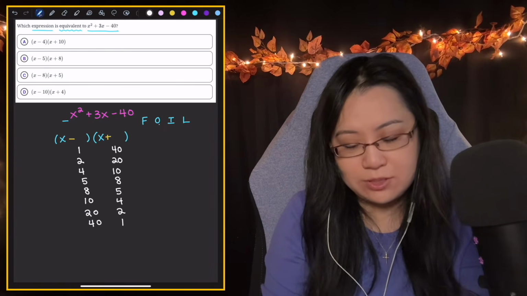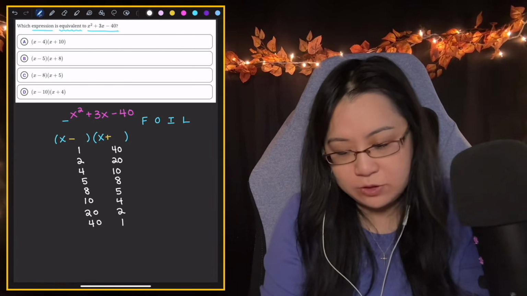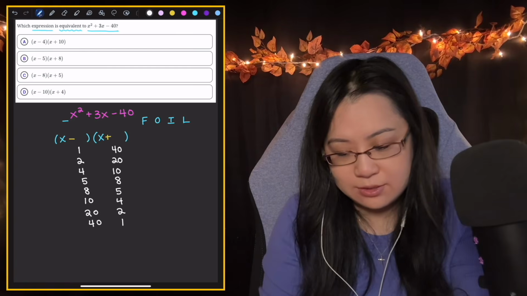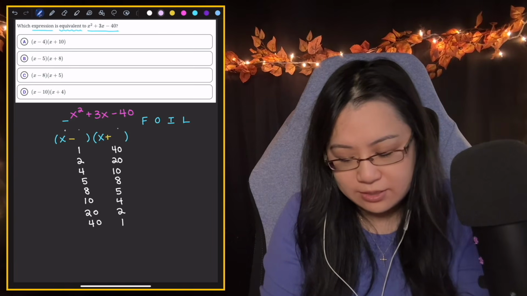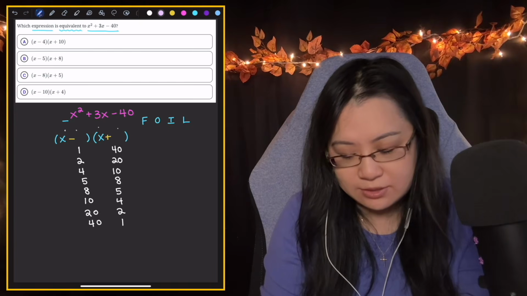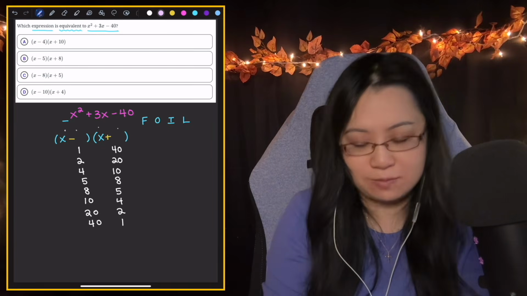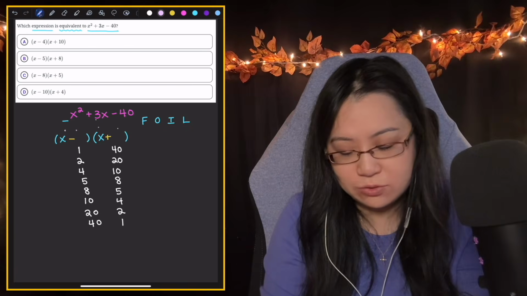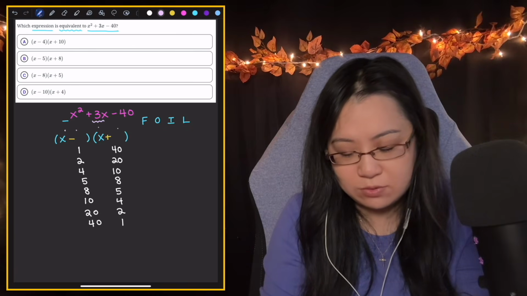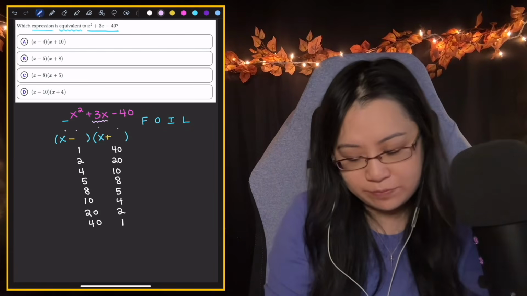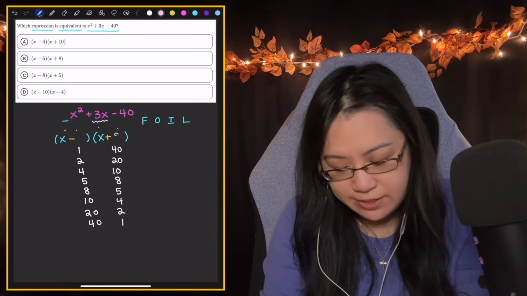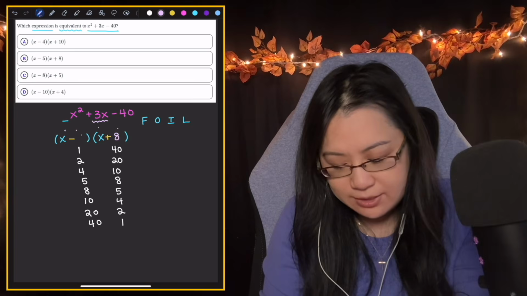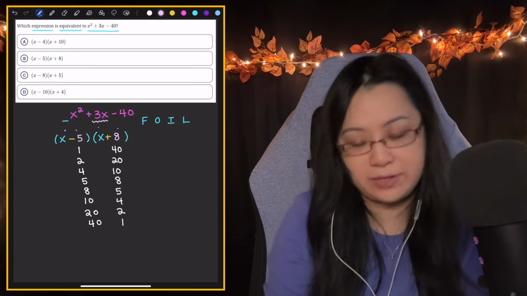But we also need outer and inner, which means that this number times x and then minus this number times x, so we add them or subtract them based on the sign, should also give me this middle positive 3x. So you can try each of these pairs. I'll say right now that it would be 8 and 5, right?